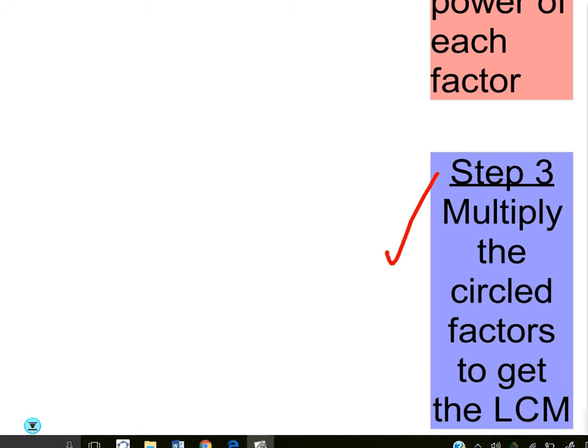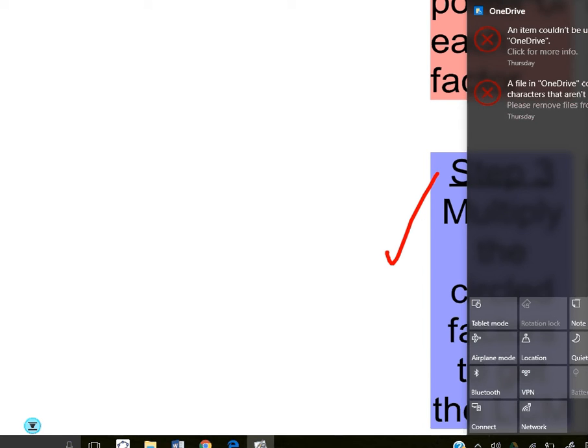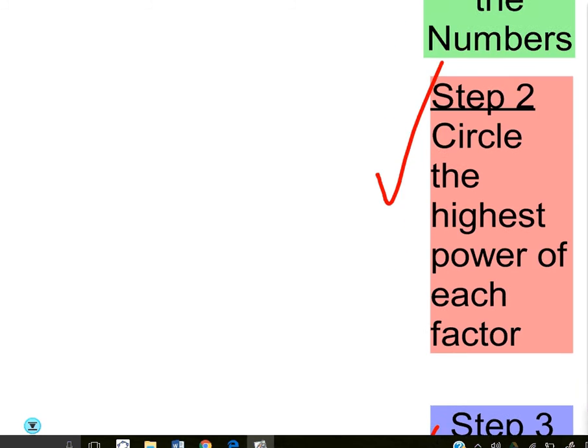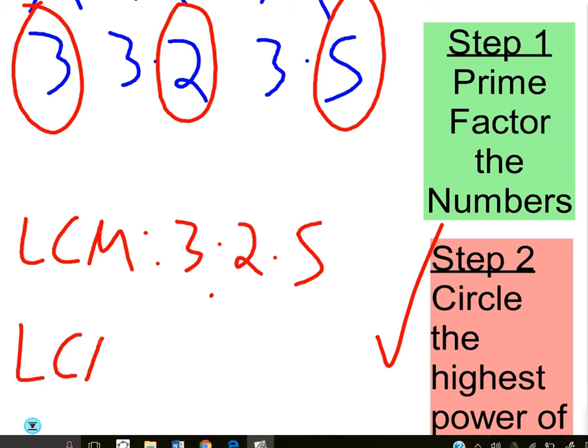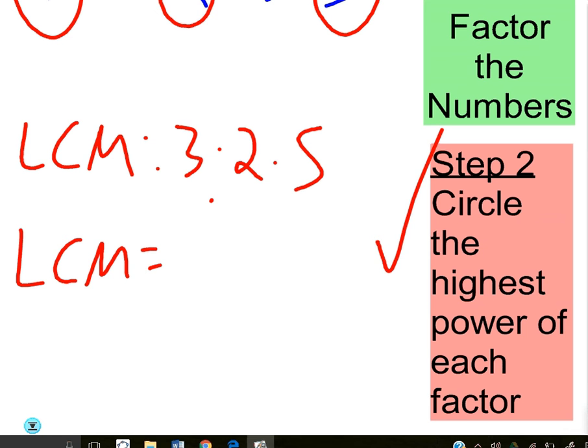Last step is to multiply the factors, get the LCM. So what is 3 times 2 times 5? 3 times 2 times 5 is 30.